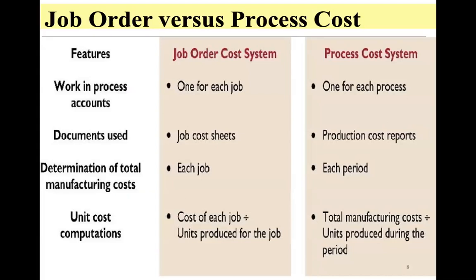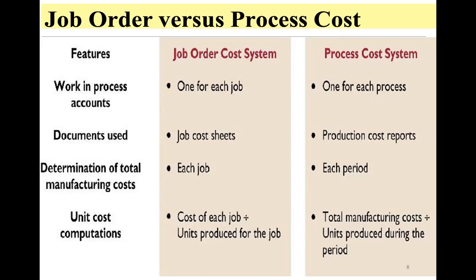Job order versus process costing. You can read this and understand. Different features are given here, and how that happens in the job order cost system and in the process cost system. It's very easy. Let me explain briefly.